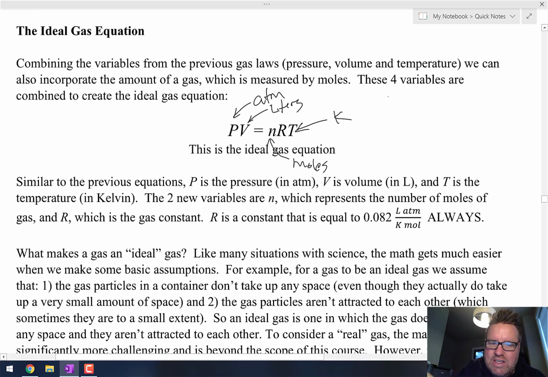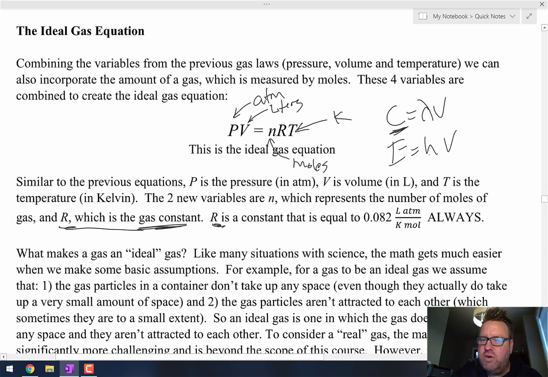And then the last one here is R, and R is what's called the gas constant. Think back to the speed of light equals wavelength times frequency, and the speed of light was a constant, 3.00 times 10 to the 8th. Or even the energy of a photon, which is Planck's constant times the frequency.